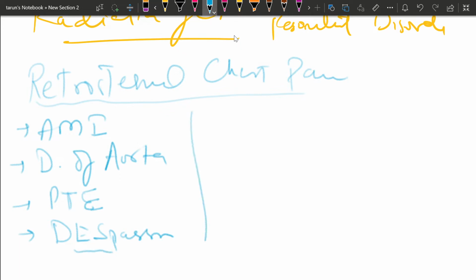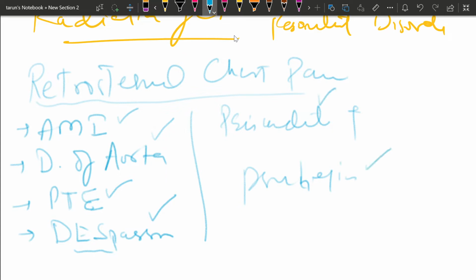Then pericarditis and psychogenic, all of these can cause your retrosternal chest pain.